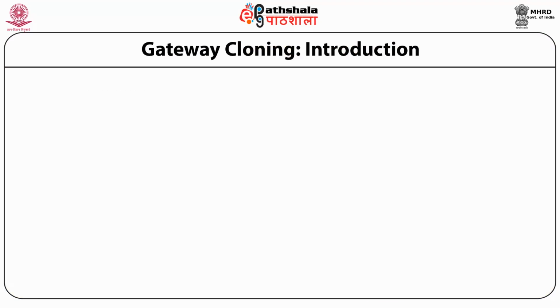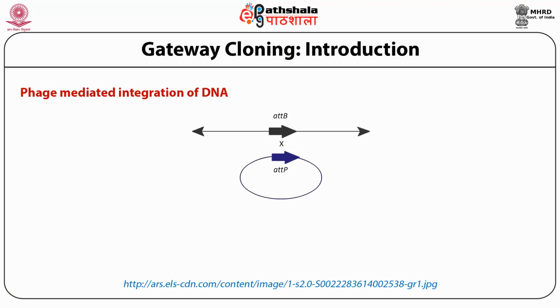Gateway cloning, as I mentioned earlier, exploits a P1 phage mediated integration of DNA method, in which at the attB site in the host genome, the phage can introduce its DNA sequence by recombining with its attP site. As is shown in this picture, the attB site gets recombined with the phage DNA, resulting in two sites, attL and attR, and in between that, the phage DNA is inserted.